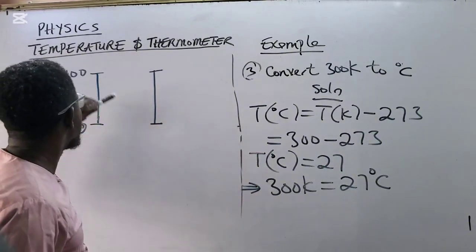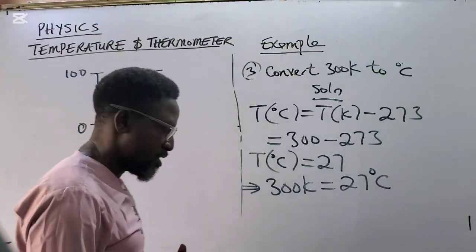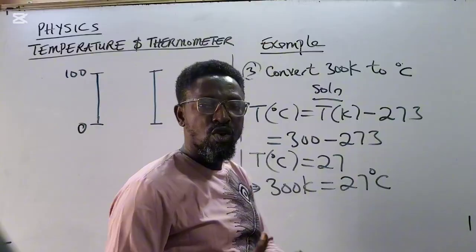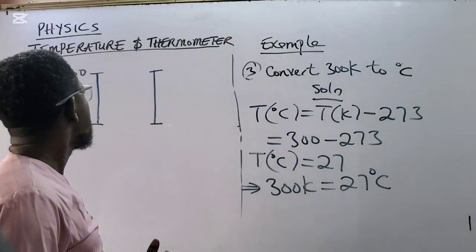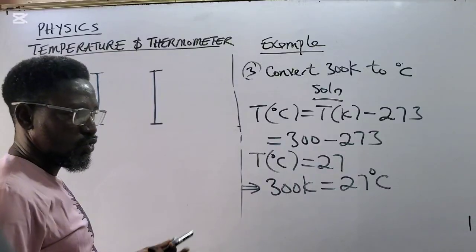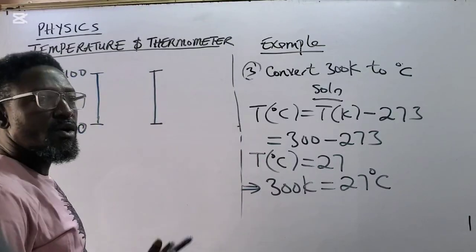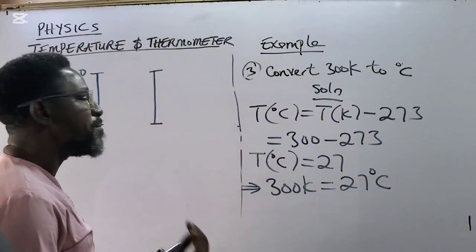While the upper fixed point, which is 100, is also referred to as the temperature of steam. So they tell you that a certain thermometer registers 20 degrees C or -3 degrees C at the temperature of pure melting ice.